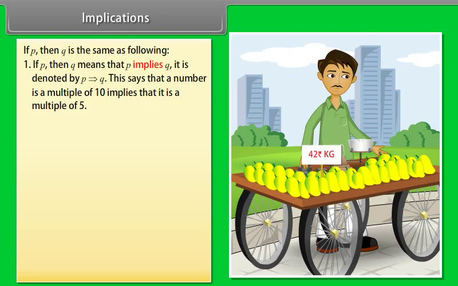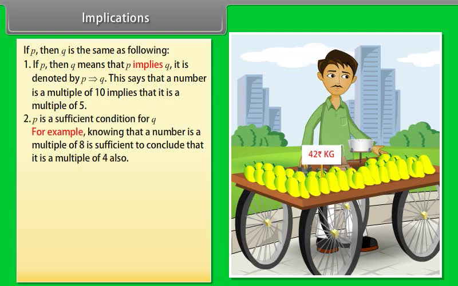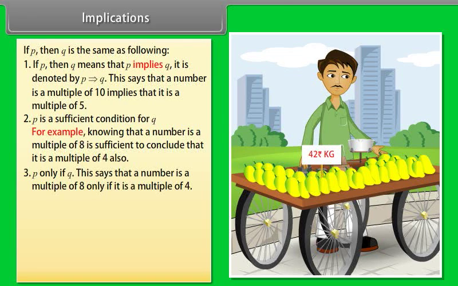This says that a number is a multiple of 10 implies that it is a multiple of 5. P is a sufficient condition for Q. For example, knowing that a number is a multiple of 8 is sufficient to conclude that it is a multiple of 4 also. "P only if Q": this says that a number is a multiple of 8 only if it is a multiple of 4.